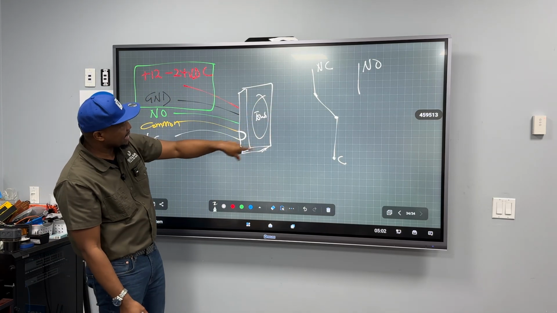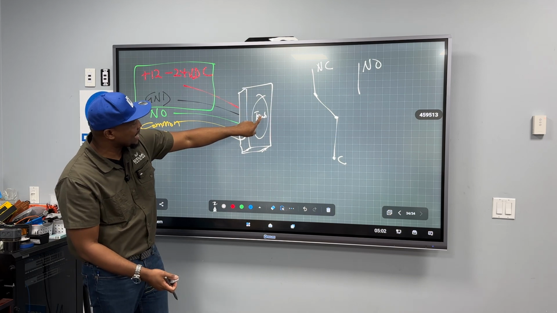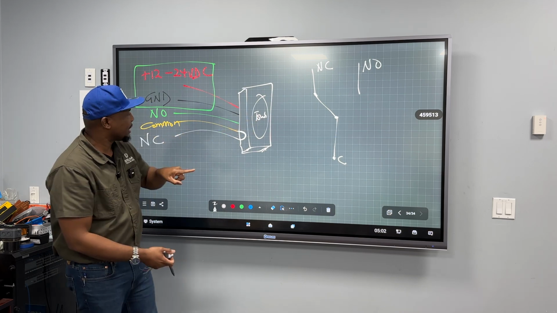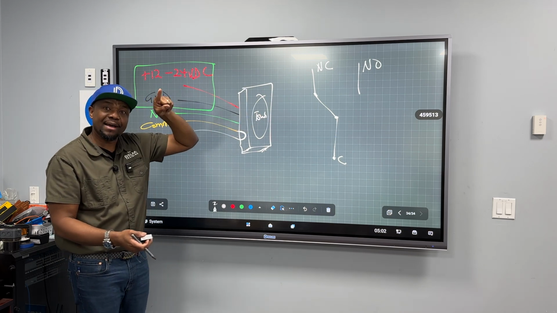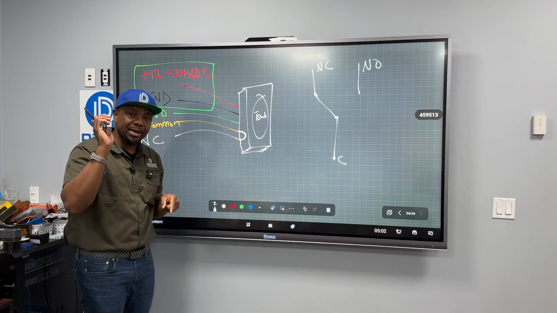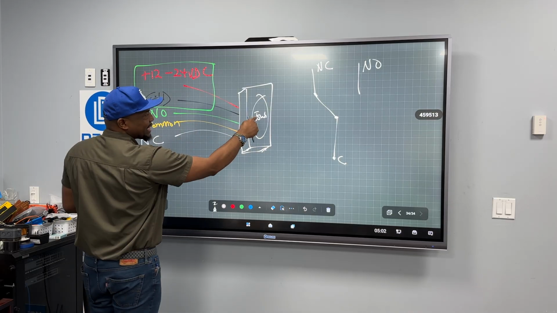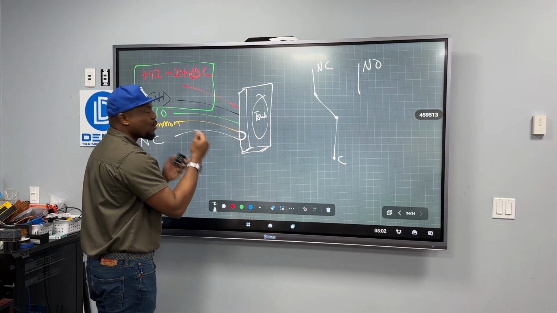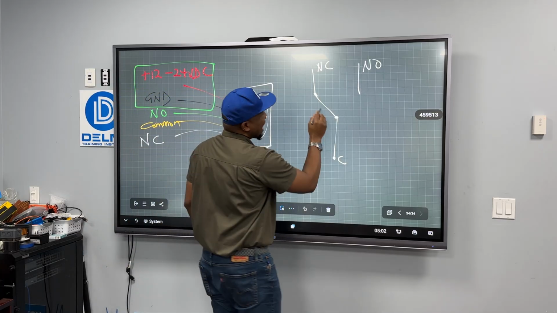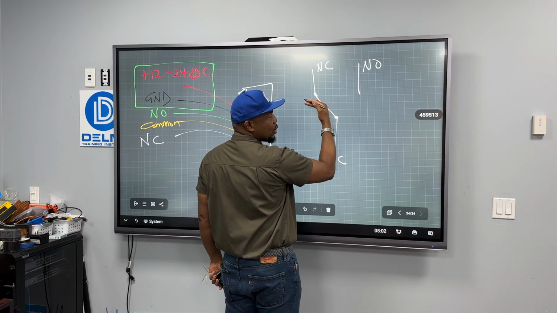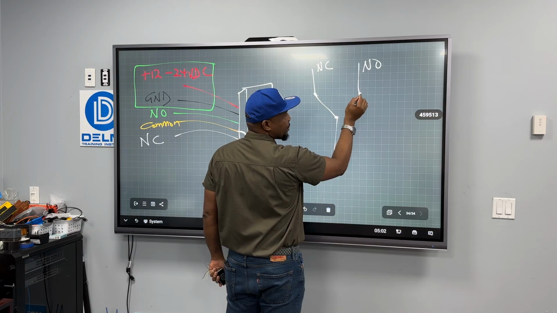If this thing is turned on, anytime I touch and I keep my finger on, because this is momentary, right? When I touch and keep my finger on, I am forcing this pole to touch this throw.